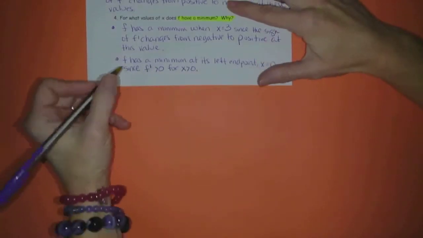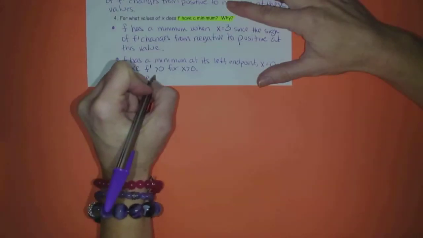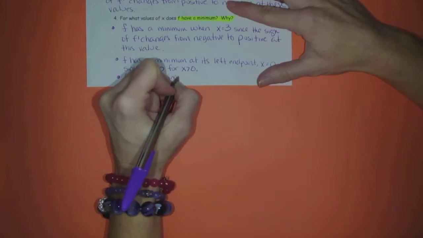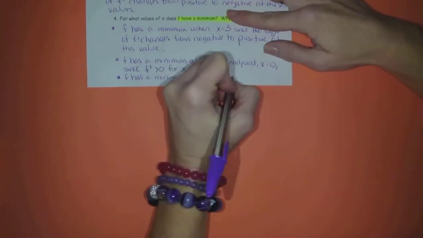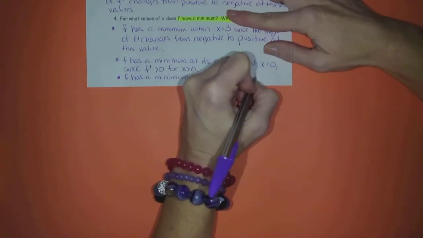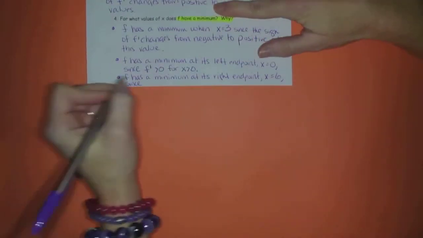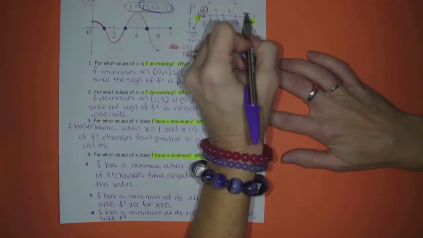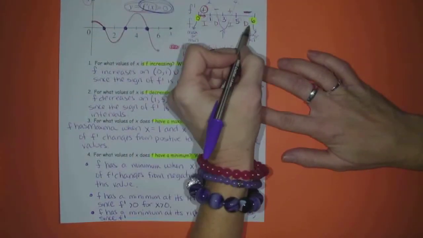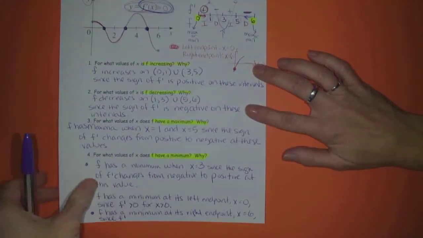And I'll do something very similar for the last one. We also have a minimum at its right endpoint, x equals 6, since f prime, now let's look at it, the slopes are negative just to the left of 6, which means we're decreasing in.